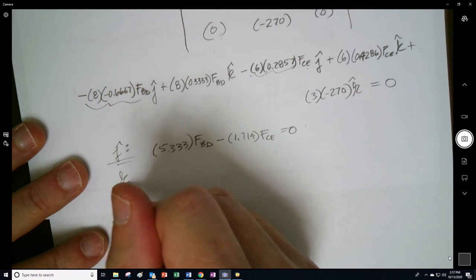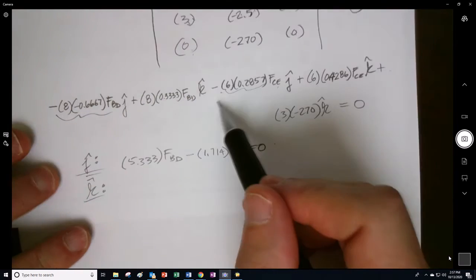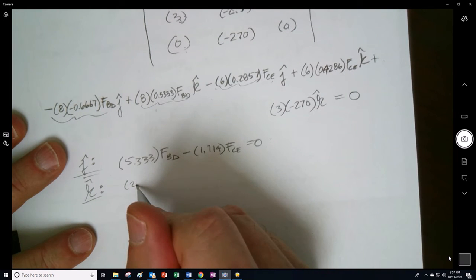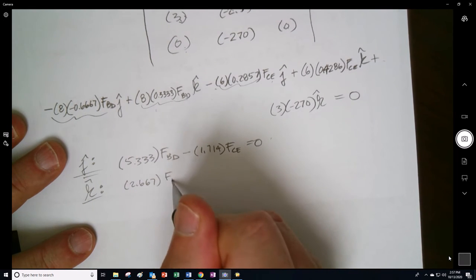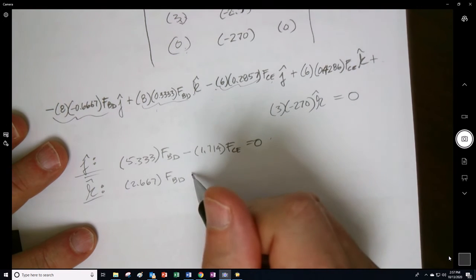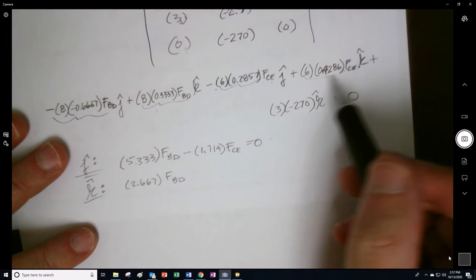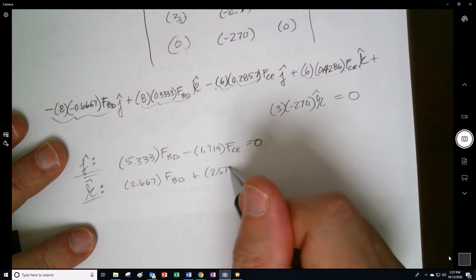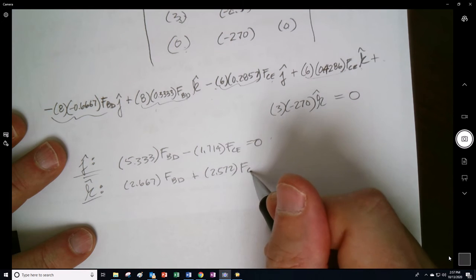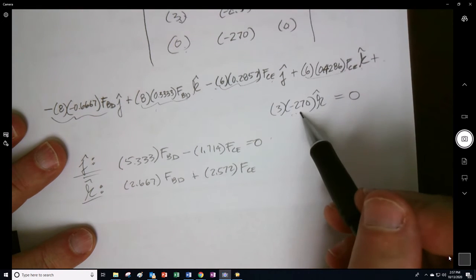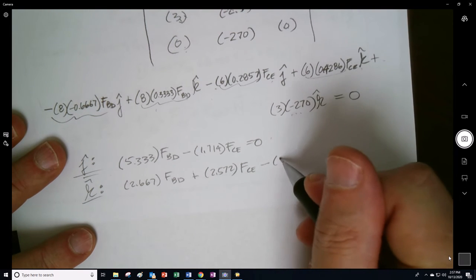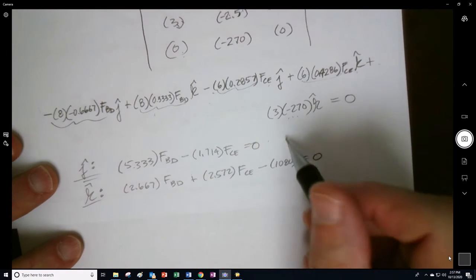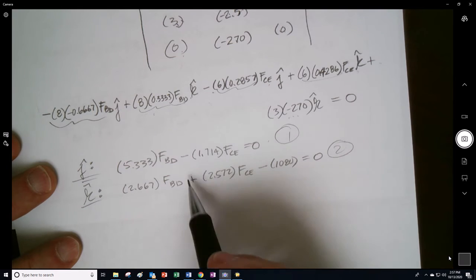And then for the K's that are located up here, if we put these guys together, we have 2.667 FBD. And then we put these together for the K, so it's going to go plus 2.572 FCE, and then we also have this guy, and that's going to be a negative 1080 equals 0.